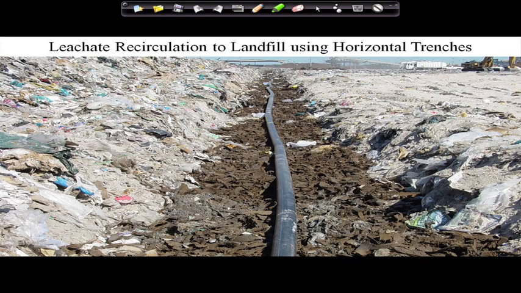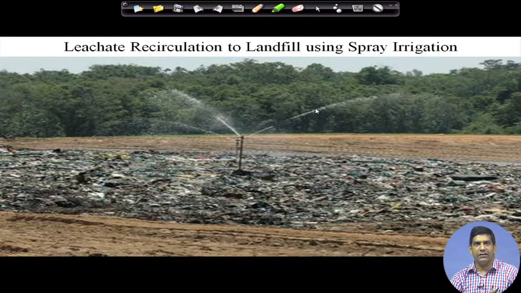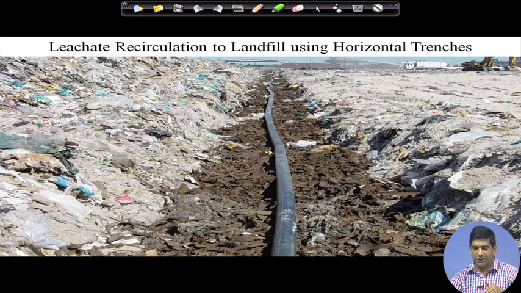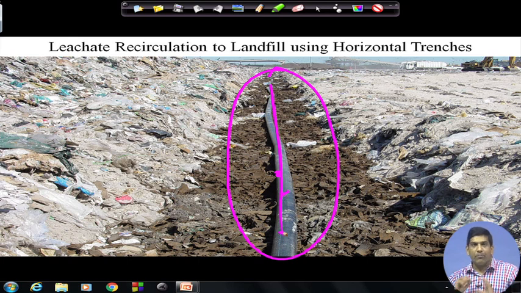So here you saw that spray irrigation in the previous slide. This is how the leachate recirculation can be done on top of the landfill. This is another way where you have these trenches being laid. So you have these trenches in the garbage where we have laid this pipe. These pipes have perforations in them, and then we pump the leachate back into this system, and the water will go out from the side and try to distribute the moisture in this area.